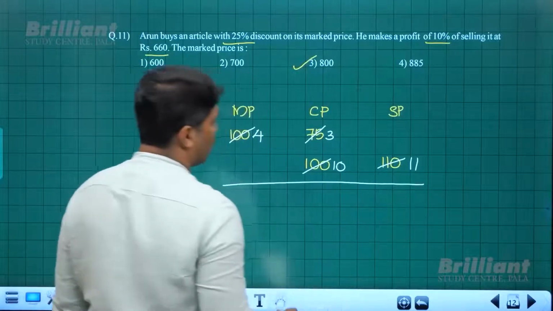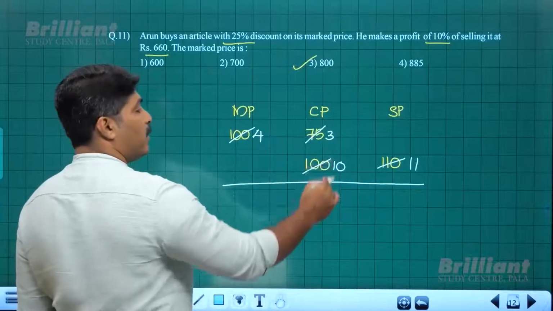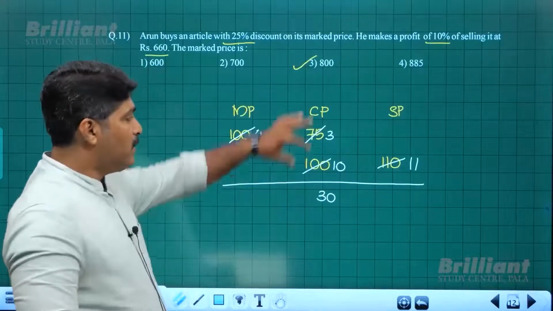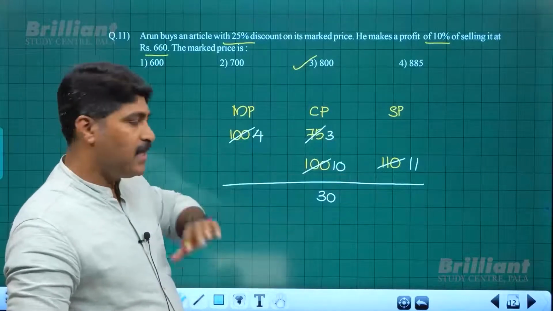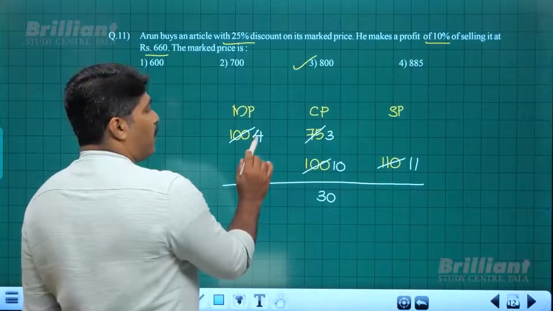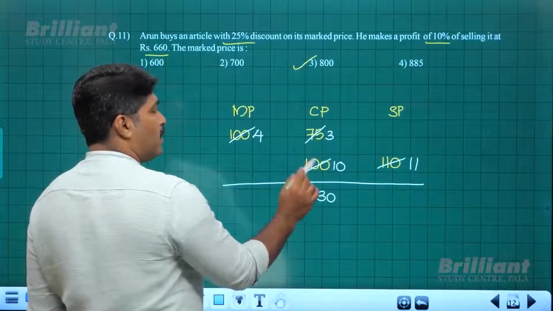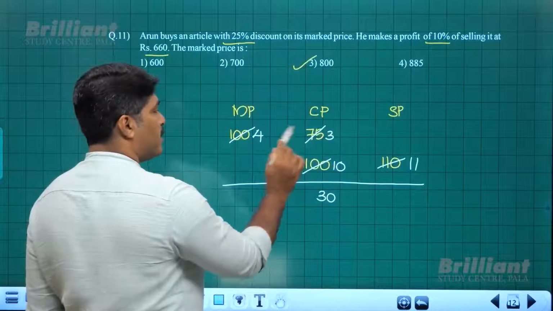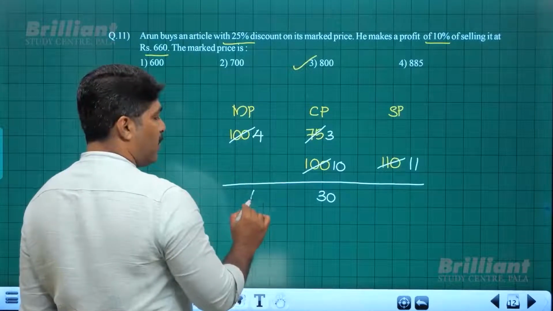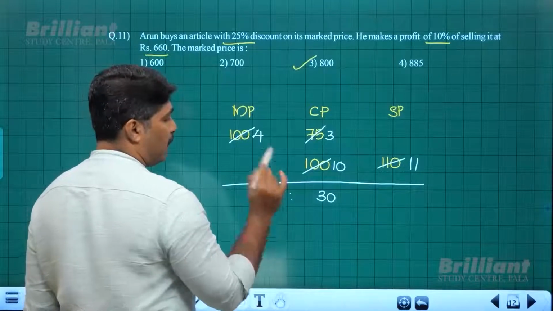While combining the ratios, take these two values, 3 and 10. That is 30. You express the cost price as 30. This 3 is represented as 30 through a multiplication by 10. Therefore, this value also we have to multiply by 10. So this 4 represents 40.